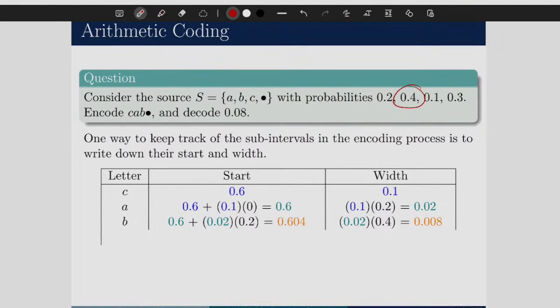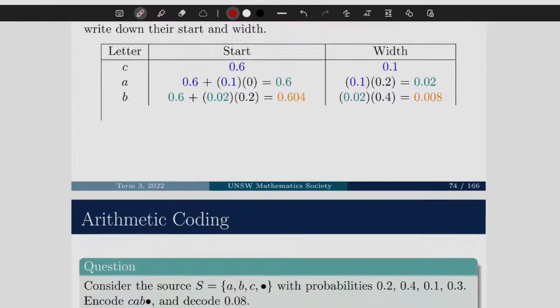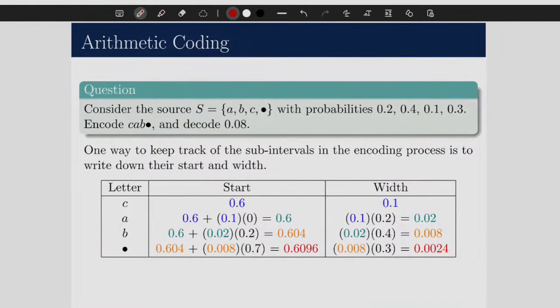And then finally, we need to code in our stop to tell us to stop. That starts at 0.7 and has a length of 0.3. Then we end up with these two funny little numbers. What they mean is that this is a valid encoding for CAB stop, and it has a width of this.